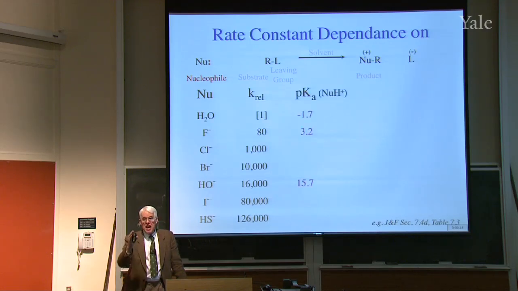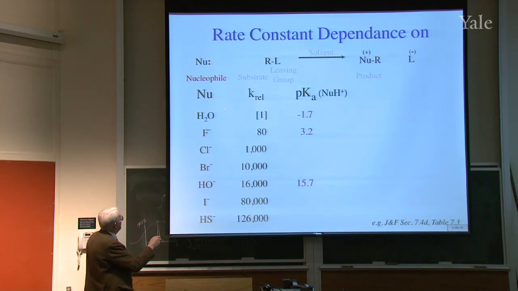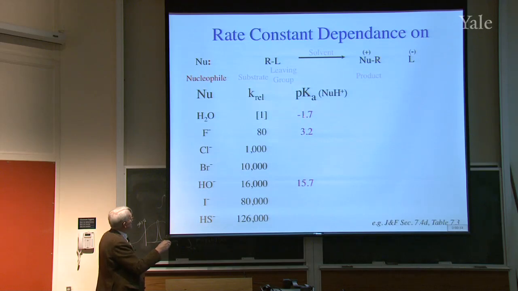Now, is it the same with a proton? How about the pKa's? Well, here, if we look at this, water as a leaving group, fluoride and hydroxide, you see that indeed, wait a second, as it gets to be a stronger acid, it's slow.